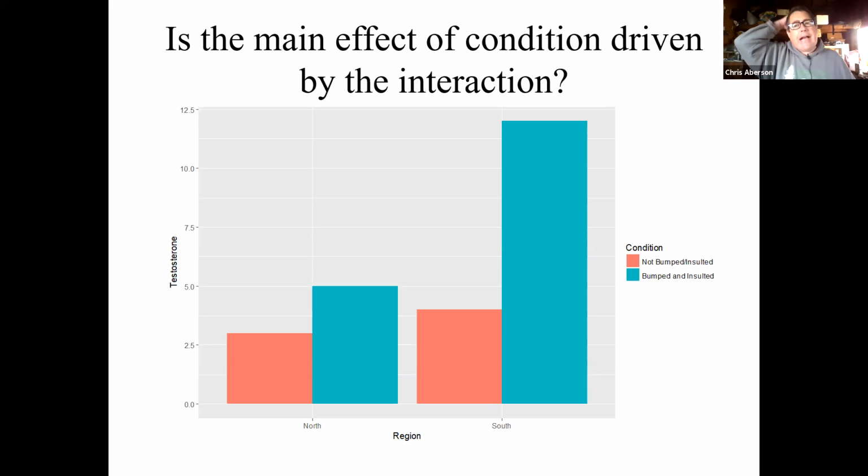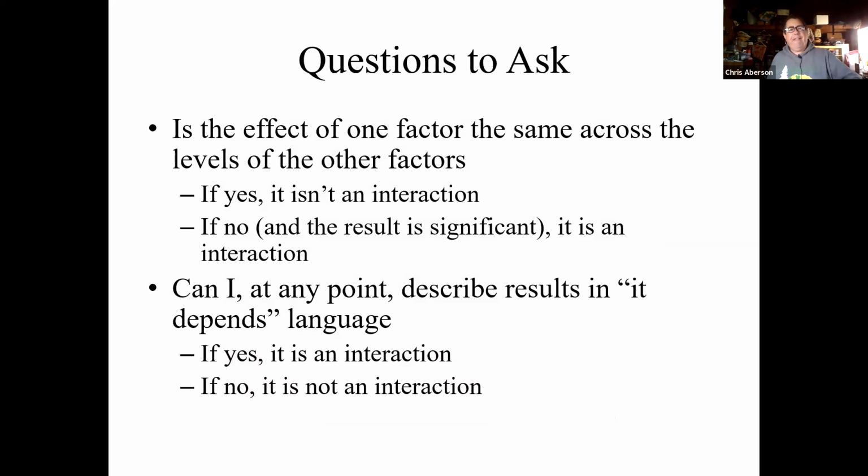Almost all of the action in your results section is going to be discussing the interactions and explaining them. Again, the question to ask is whether the effect of one factor is the same across the levels of the other factor. If it is the same, it isn't an interaction. If it is not the same and the result is significant, it is an interaction. Another way to put this, less statistically: can you describe the results in "it depends" language?